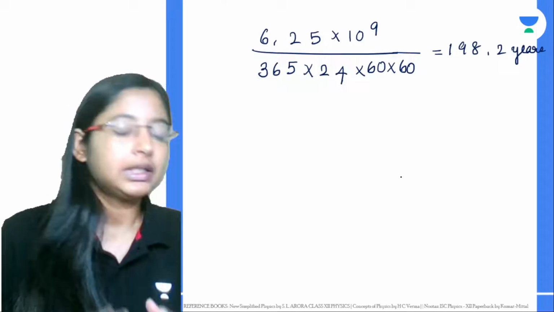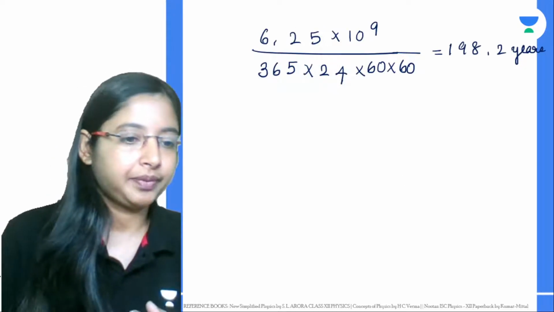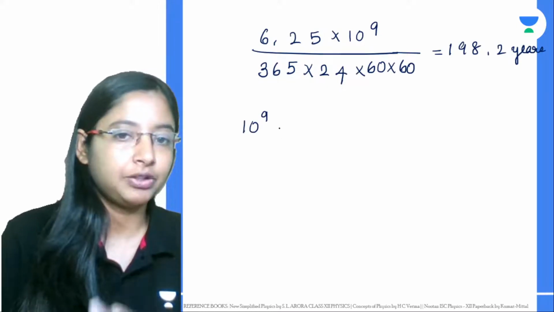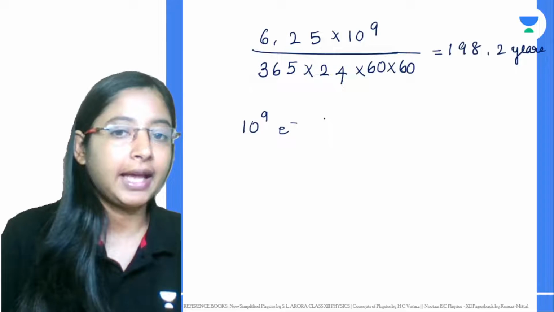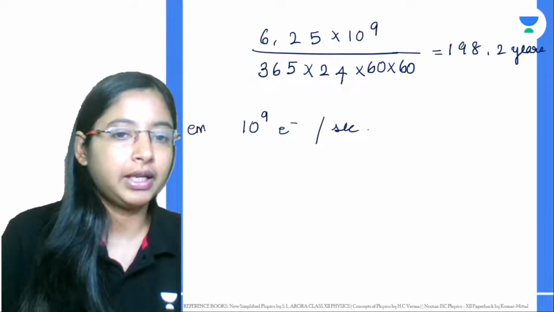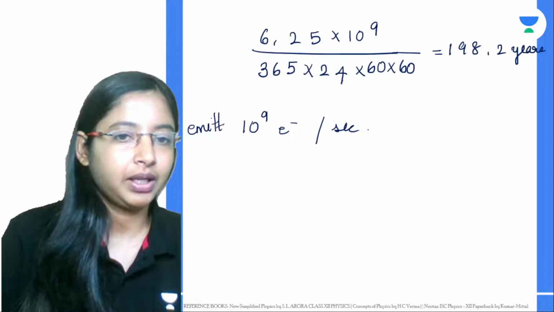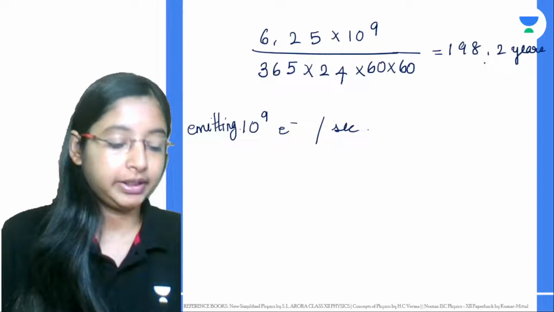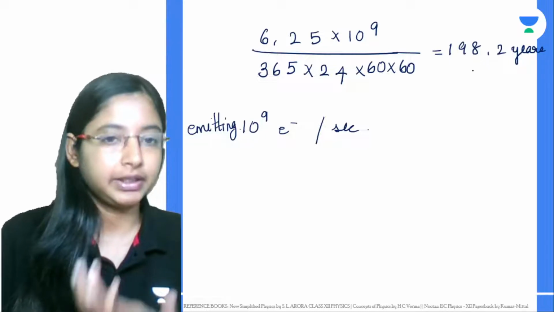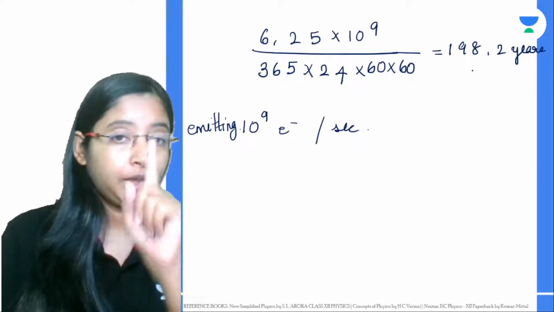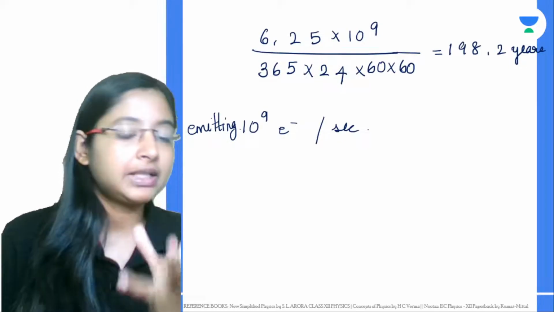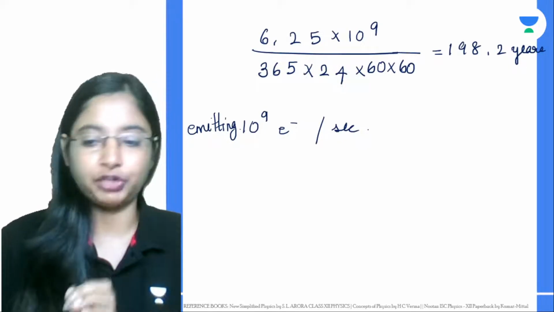Thus, if a body is emitting 10 to the power of 9 electrons every second, it will take nearly 198 years, almost 200 years, to get a charge of 1 coulomb from that body. So this shows how large 1 coulomb of charge is.